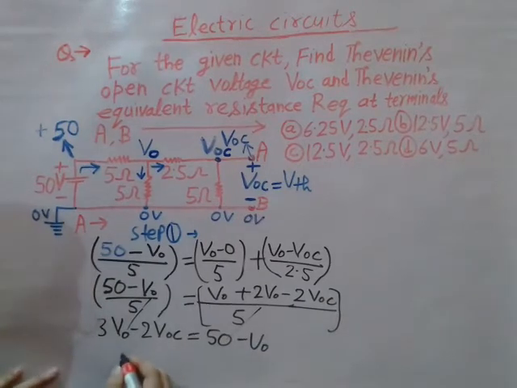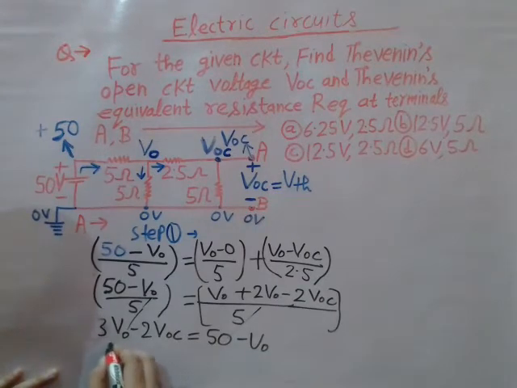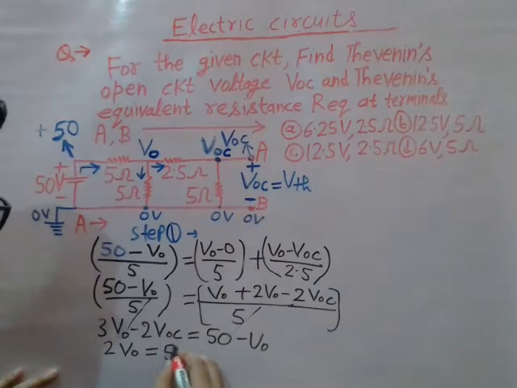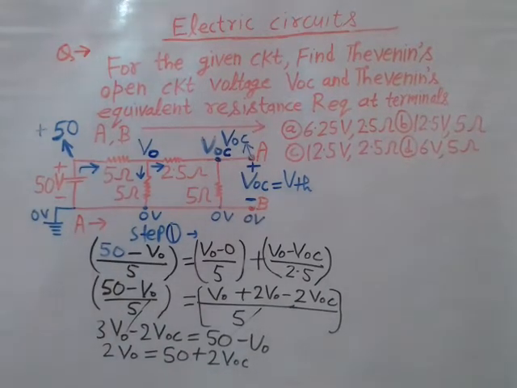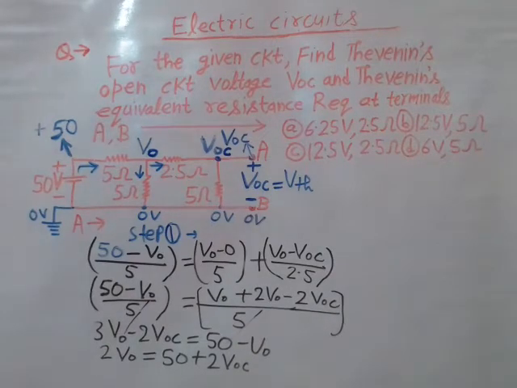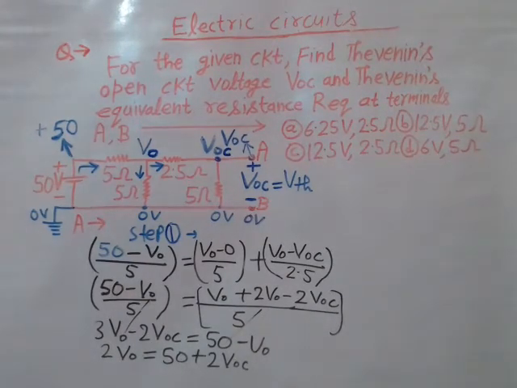Or you can further simplify this, 2 V naught is equal to 50 plus 2 VOC. This is equation number 1.